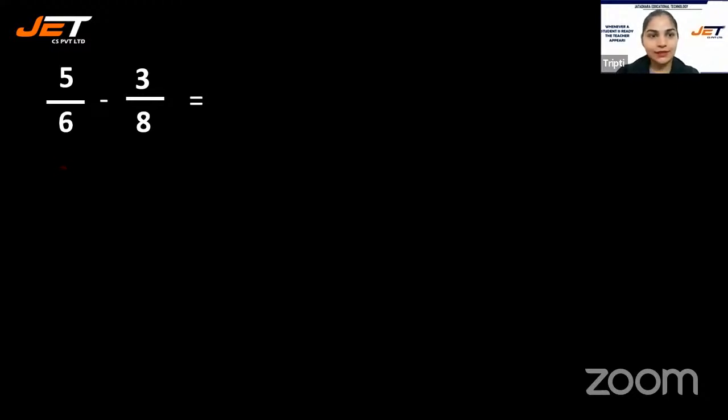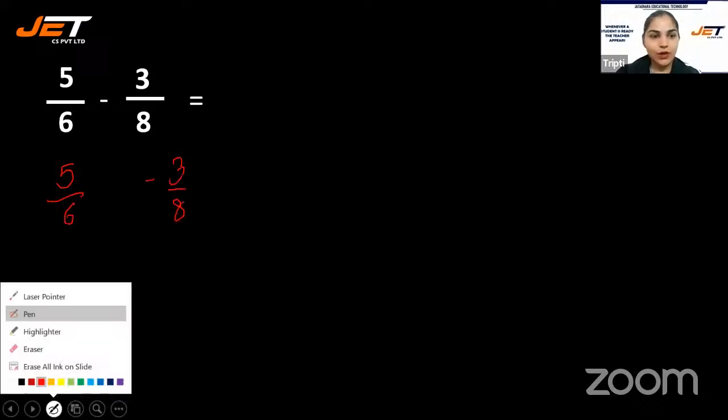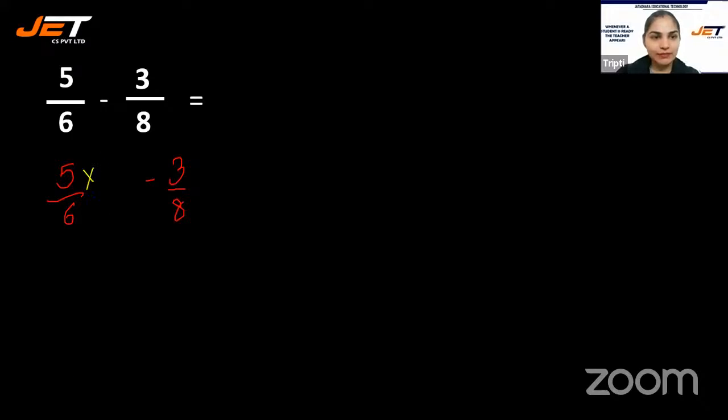I hope it's done. Let's move on. 5 by 6 minus 3 by 8. You know how to make the denominators same.